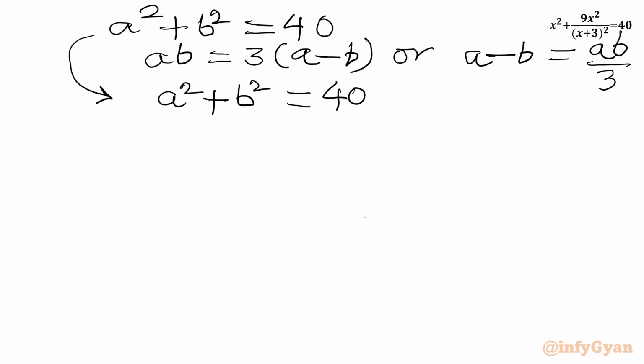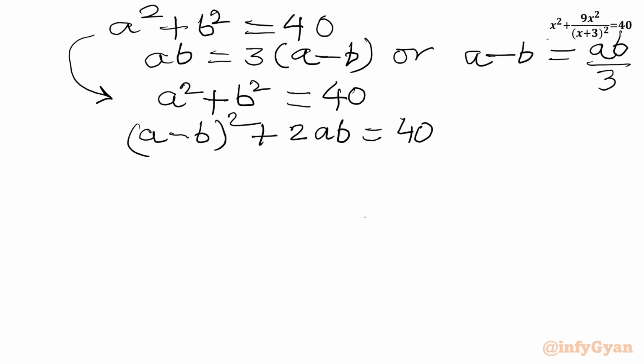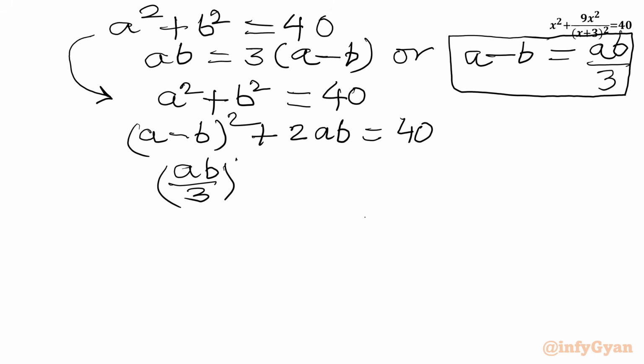From algebraic identities, we can write over here a minus b whole square, which is a square plus b square minus 2ab. Now we have to compensate minus 2ab by adding here 2ab, equal to 40. Now in place of a minus b, we can write ab over 3. So here I can write ab over 3 whole square plus 2 times ab equal to 40.